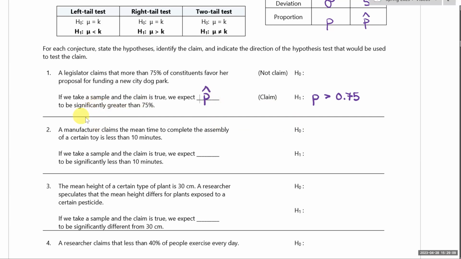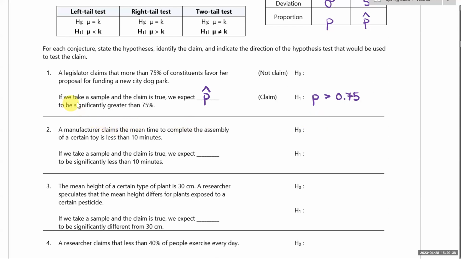So we say significantly because we really want to be convinced this is true. So if she went out and got data and her p hat was 76%, that might not be enough to convince me that everybody, all of her constituents, the percentage is greater. So we really look for numbers that are significantly bigger than this, and we'll sort of define significantly as we go. But right now, again, just kind of getting a general idea.